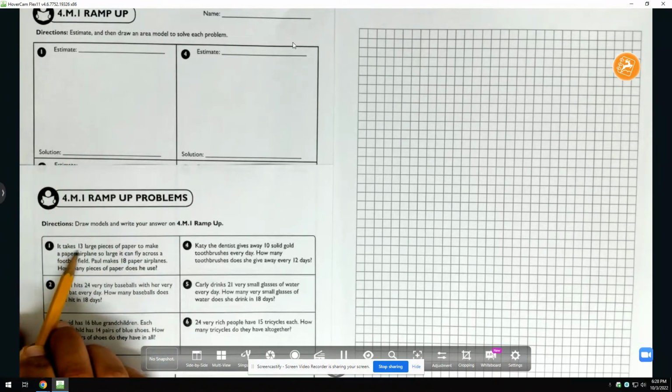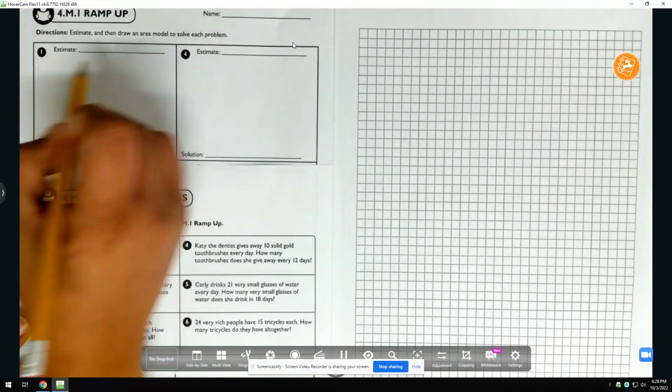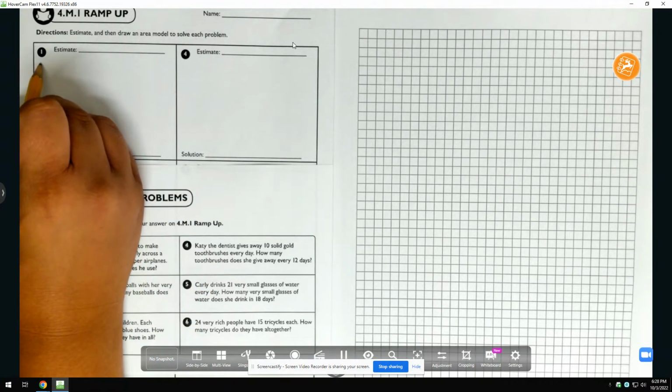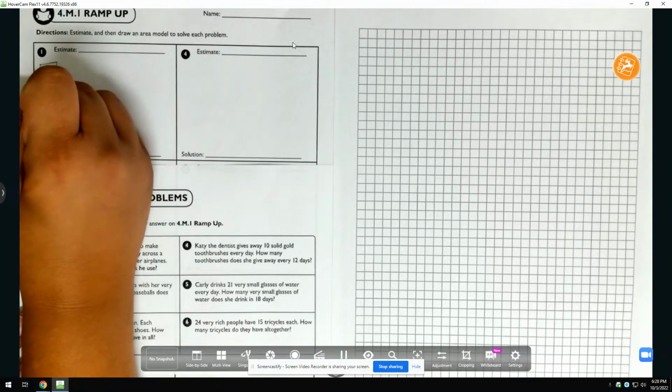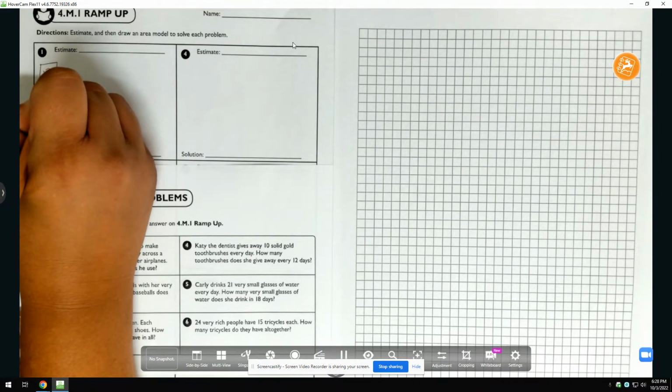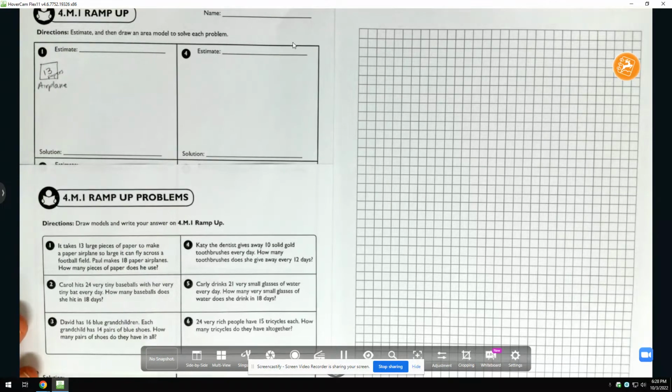So 13 large pieces of paper is what we need to make a paper airplane. So I'm going to just draw my paper airplane. There's my paper airplane. And that's just one airplane. And it takes 13 pieces of paper. So I'll just write 13 papers per airplane.